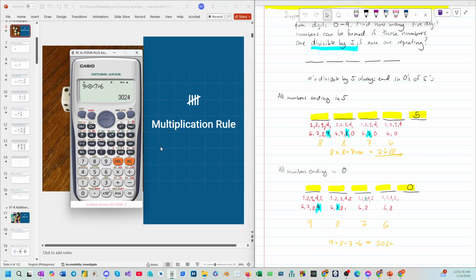3,024. Okay, now both of these we're gonna be adding, of course, sa dulo, di ba?